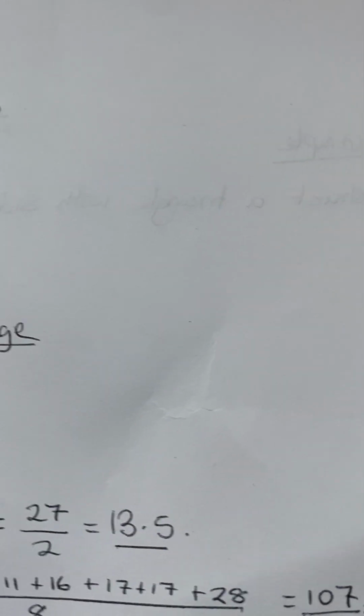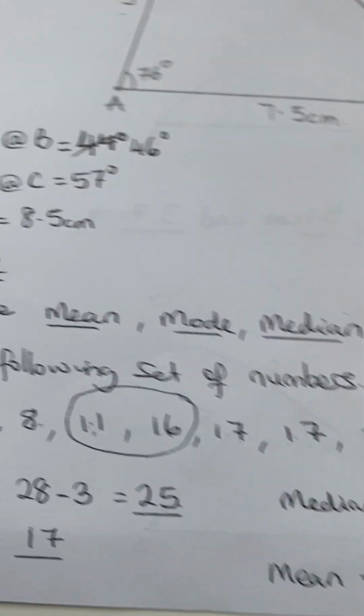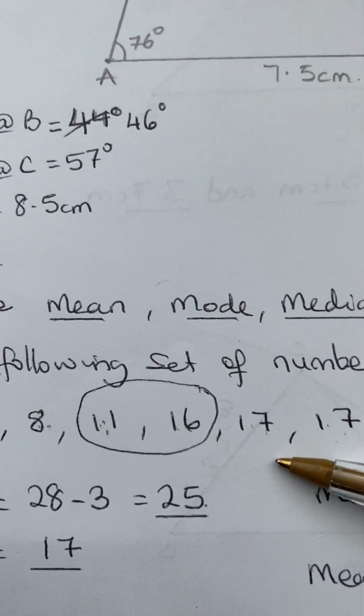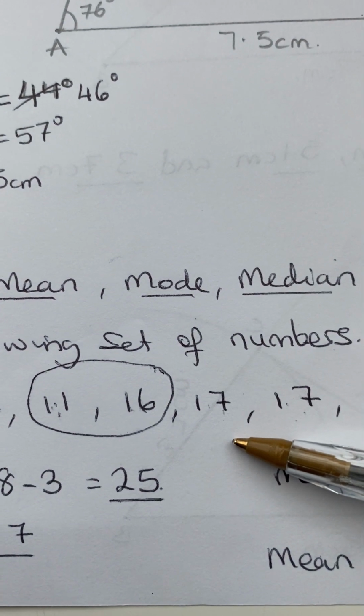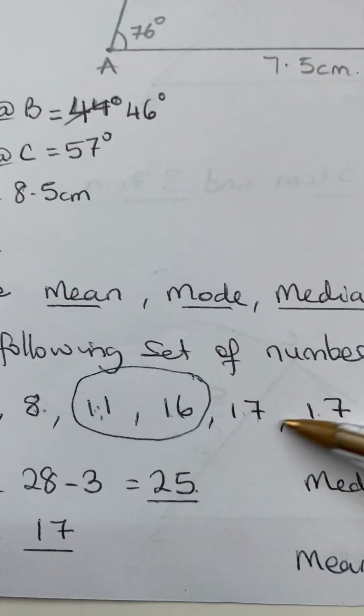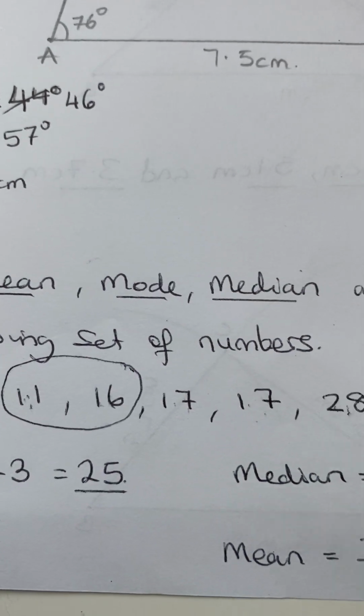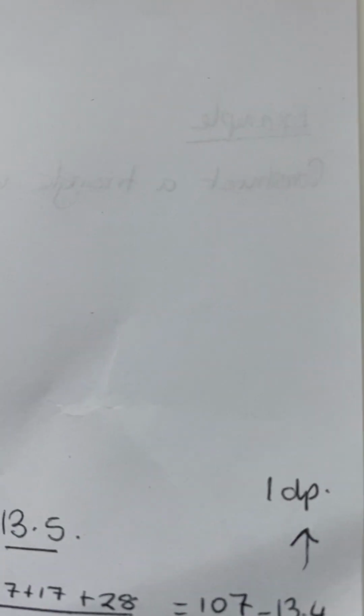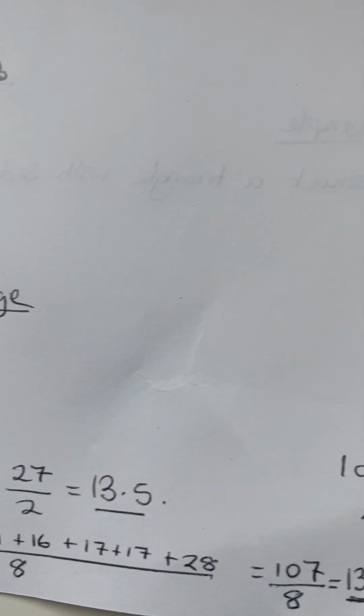But here, the mean is 13.4. It can be anything. It can be the marks that 8 pupils got in an exam. We don't know. So we'll just write it as we got it.